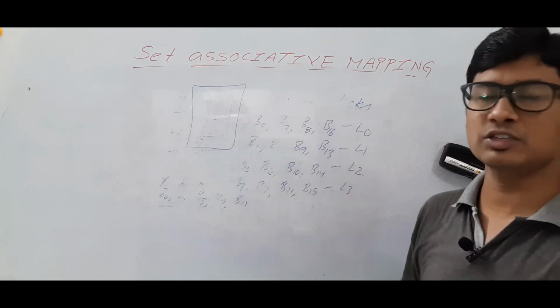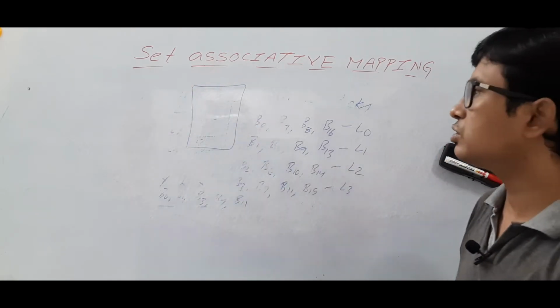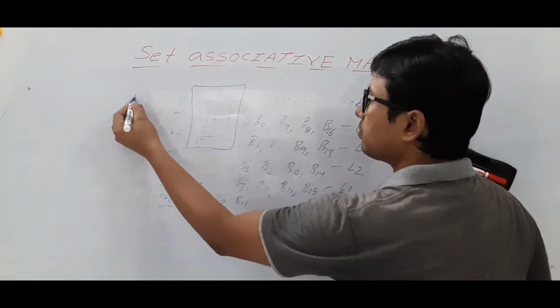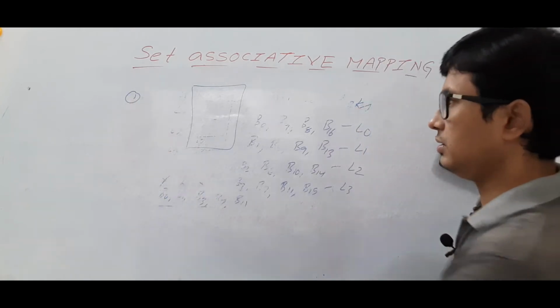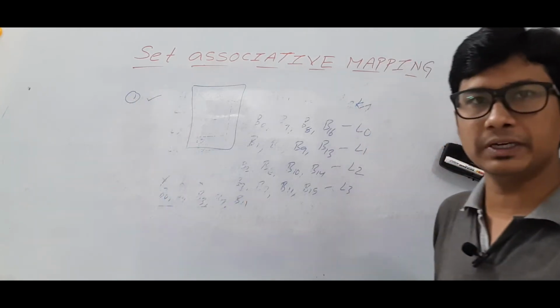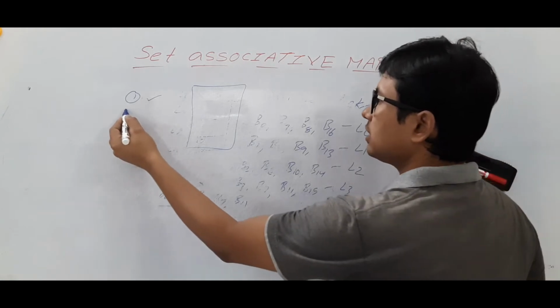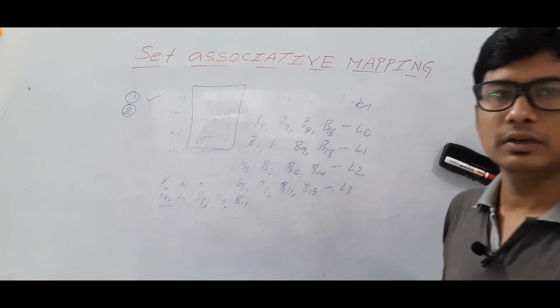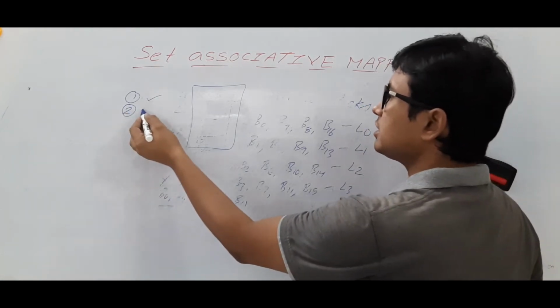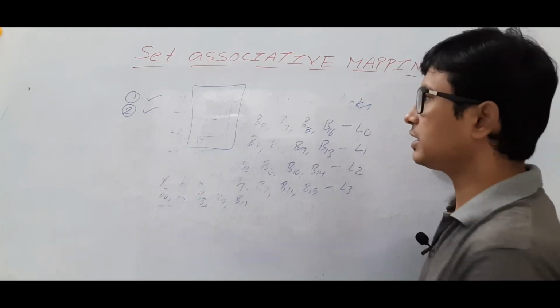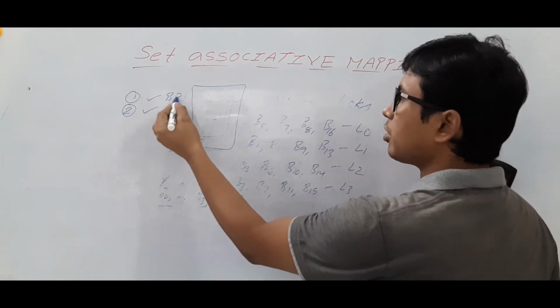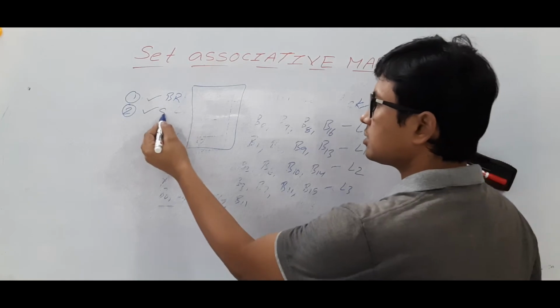That restriction is not there; it can be kept anywhere. So the drawback of direct mapping is block replacement, and in associative mapping, searching is the problem. Are you able to understand? Here block replacement is the problem and here searching is the problem.